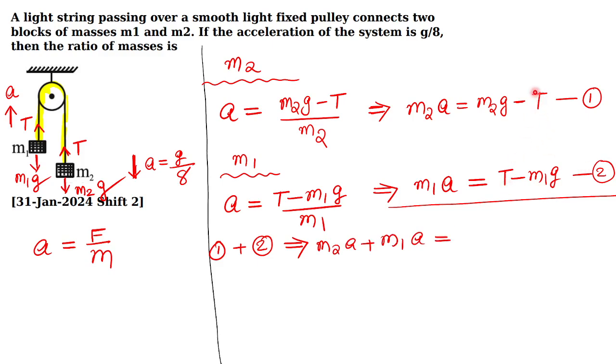To eliminate T. m2g minus T plus T cancelled, leaving m2g minus m1g. So T is eliminated and I got a simple equation. Is it okay? All of you clear? Please respond.